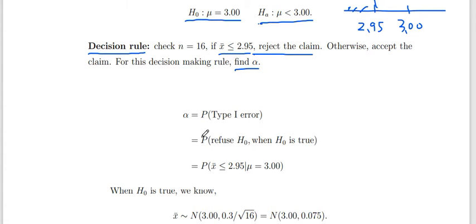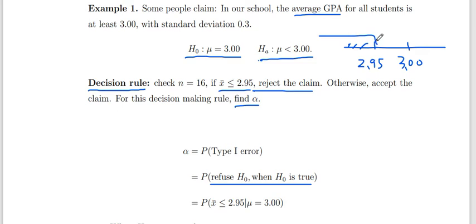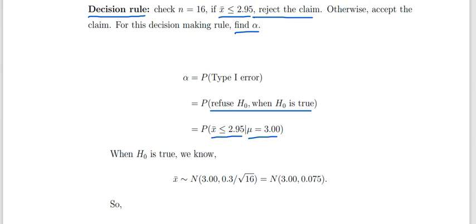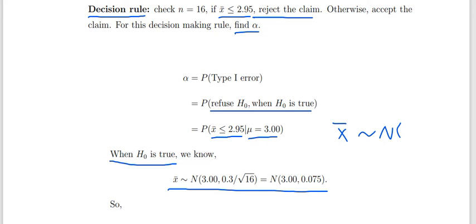Alpha is the type 1 error, or refuse H0 when H0 is true. We refuse when x bar is less than 2.95, when mu is equal to 3.00. When H0 is true, x bar follows a normal distribution with mean mu and standard deviation sigma over radical n.